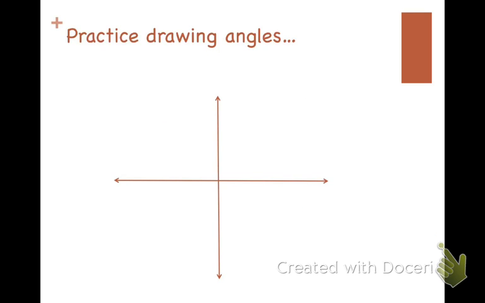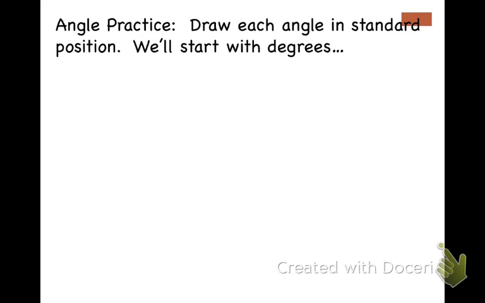So we're going to practice drawing some angles. We are going to draw all of these in standard position, which, remember, means the initial side needs to start on that positive x-axis. Then you're either going to open out clockwise or counterclockwise, and that depends on if it's negative or positive.